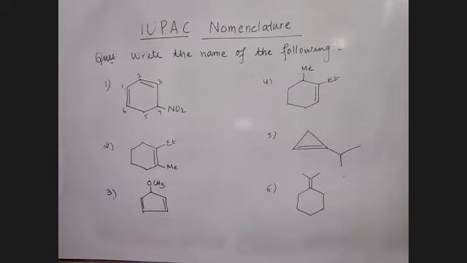Now you have two ways to number this. Numbering can start with this double bond or numbering can start with this double bond. If you start numbering from this double bond, it will be 1, 2, 3, 4, 5, 6. What is the other possibility?